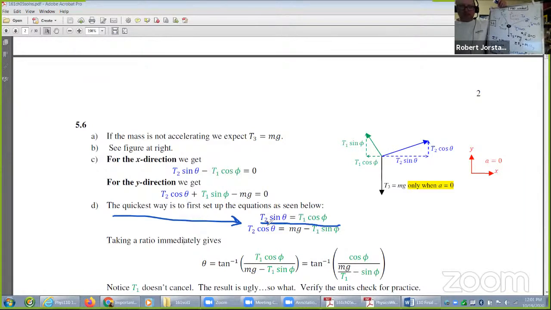When you do that, the T2 drops out and you get sine theta over cosine theta, which is tangent theta. And that's the trick. It just saves you a lot of time. I often say, what would Horatio do? Horatio would take a ratio. And notice all this stuff on the other side, you just leave it alone and it's ugly, but it's done. So rather than work that hard, let's see what that looks like live, okay?